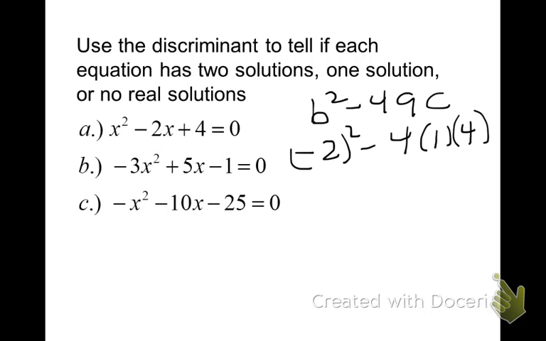The 4 is the c, and so we're going to end up with a positive 4, because a negative number squared is going to be equal to a positive number, and then 4 times 4 is 16.